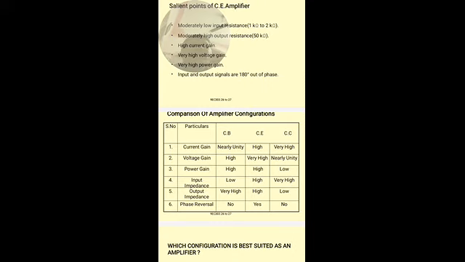So when the output resistance is very low, voltage gain is not possible.